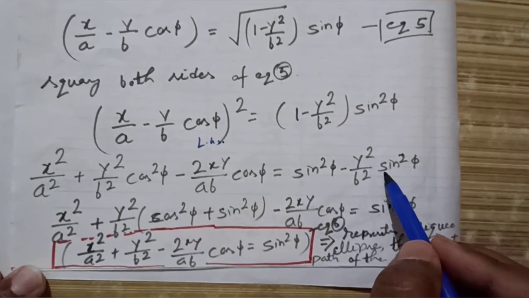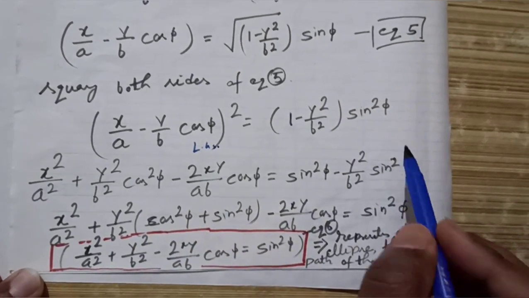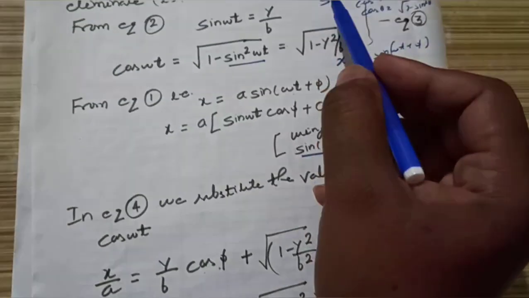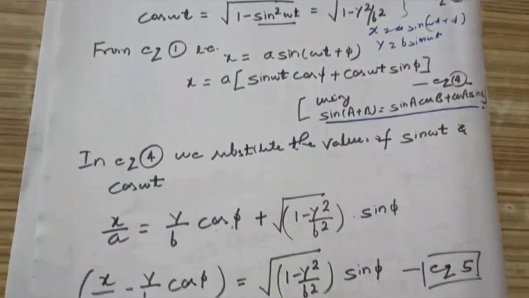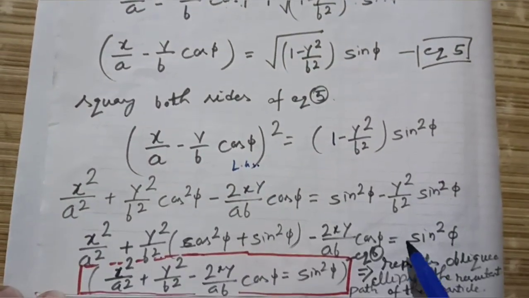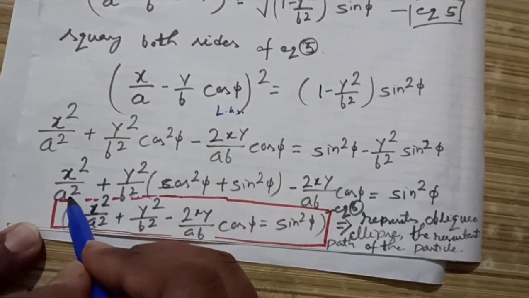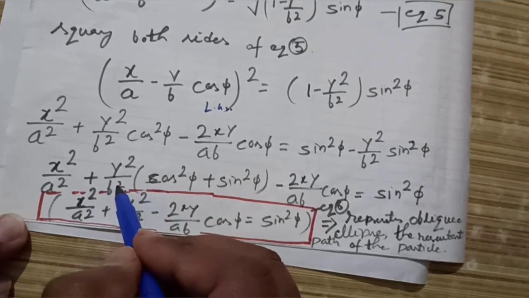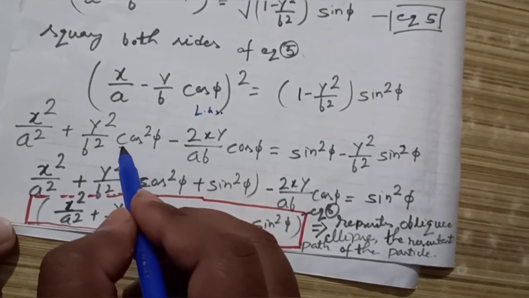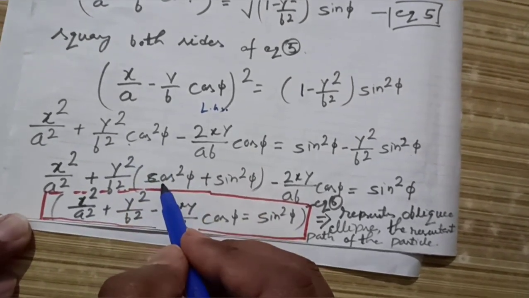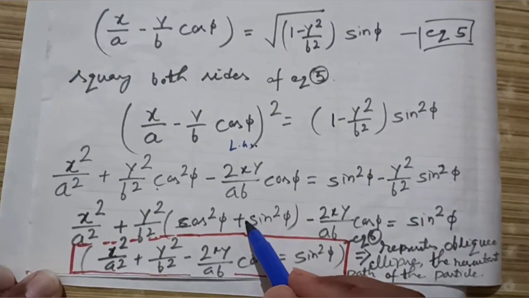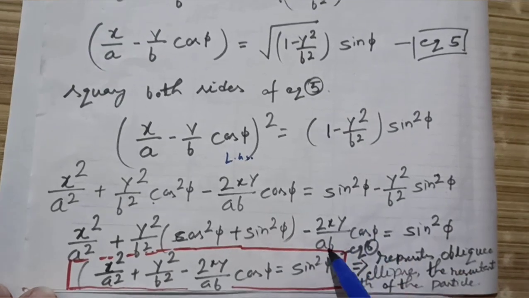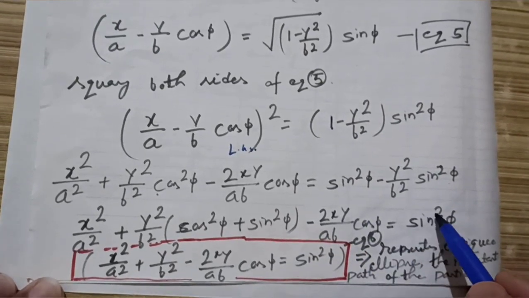So using the formula sin square phi plus cos square phi is 1, you can have this value: x square upon a square plus y square upon b square, on the left hand side with cos square phi, and on the right hand side it will become plus sin square phi, minus 2xy upon ab cos phi, equals sin square phi.